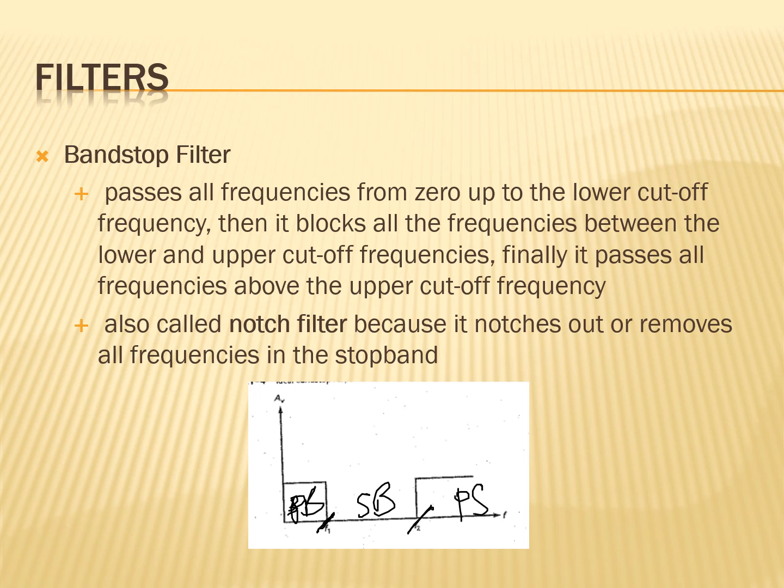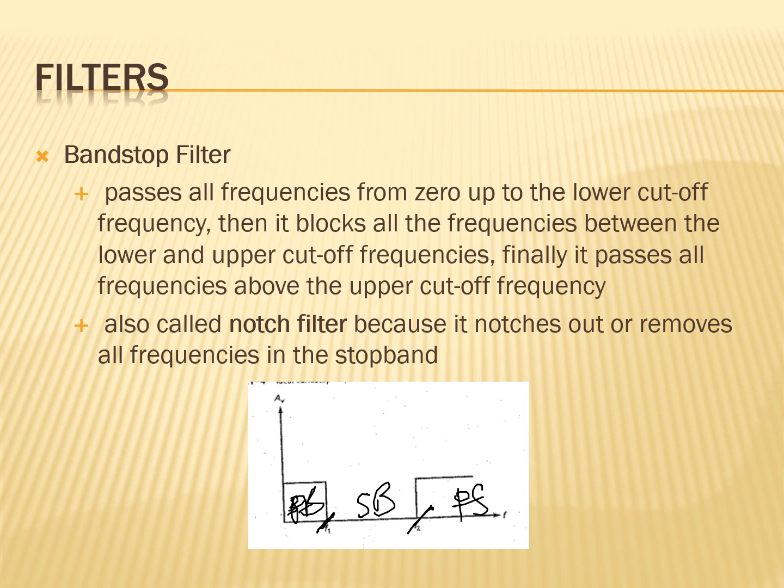As we can see, in this example, we have 2 pass bands and we have 1 stop band. Again, in the stop band, all frequencies between the lower and upper cutoff frequencies have infinite attenuation, while in our pass band, it has 0 attenuation.